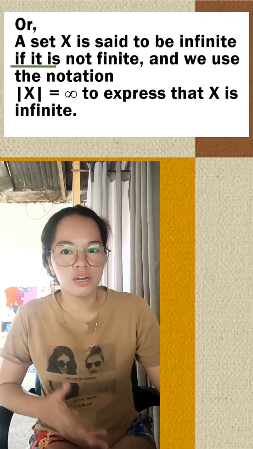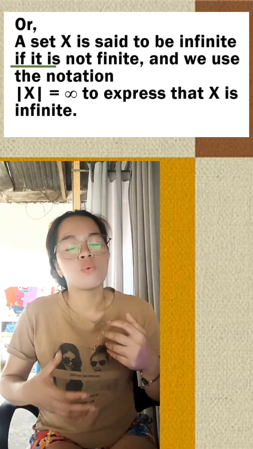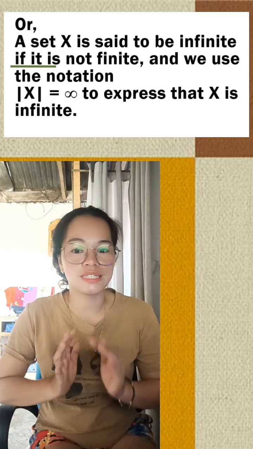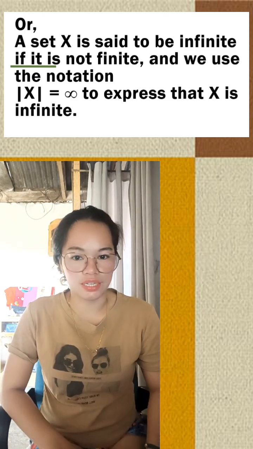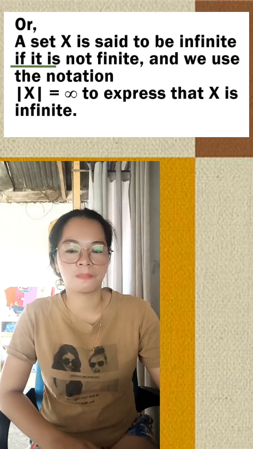We can also say that a set is infinite if we use the notation that the absolute value of X is equal to positive infinity. That's how we express an infinite set.